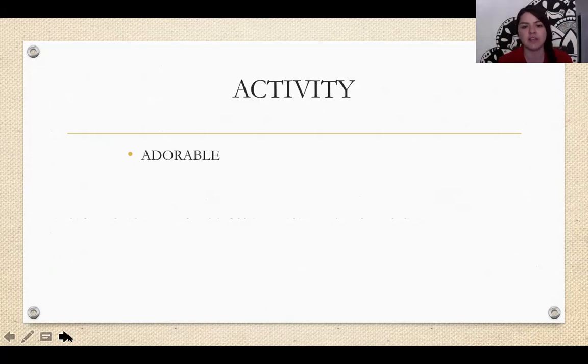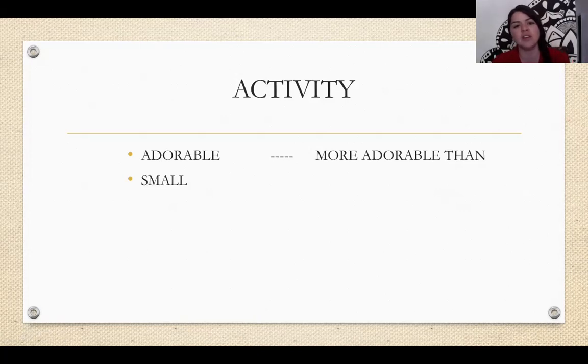Let's see the answer. More adorable than. That's the correct answer. If you said that, you got it right. Okay. Second one. Small. That's a short word. What do you think is the answer? Smaller than. If you answered that, you are correct.